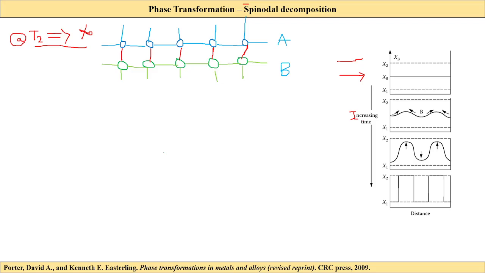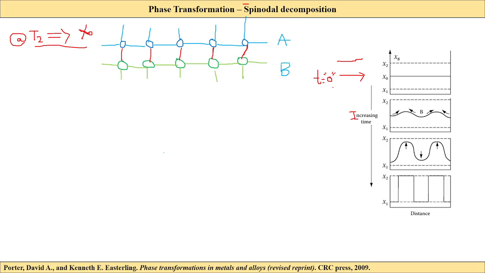So at time t equals 0, there is no fluctuation in composition.